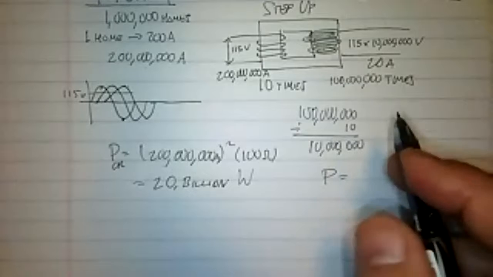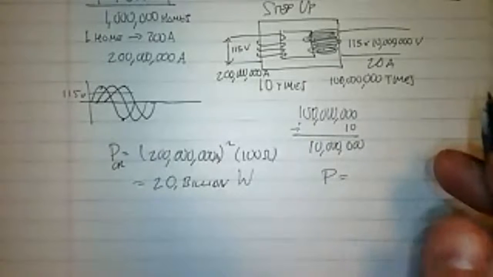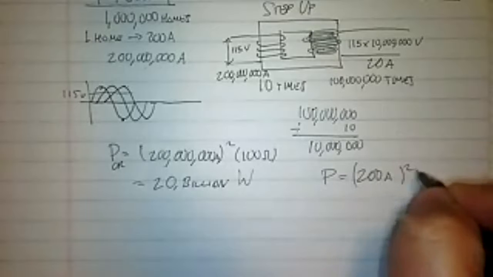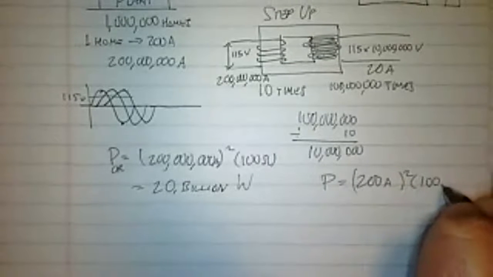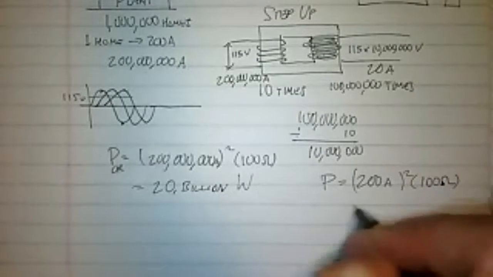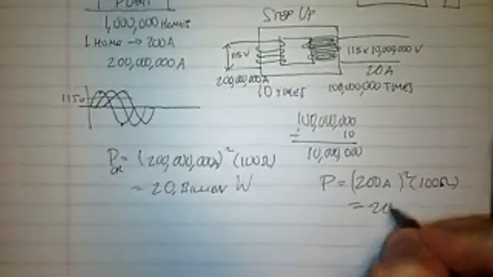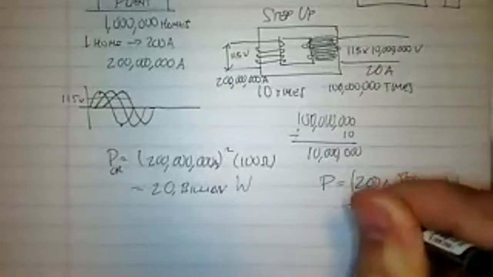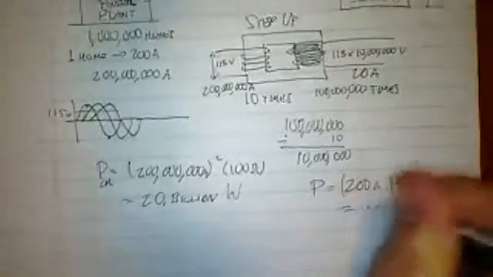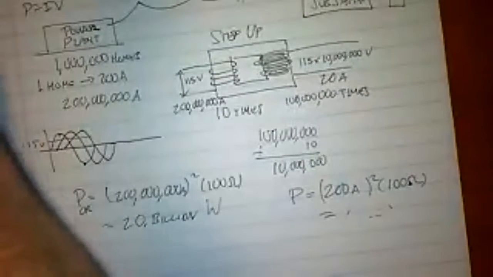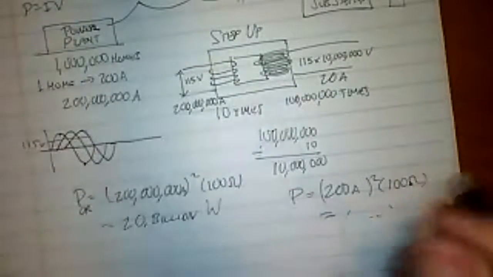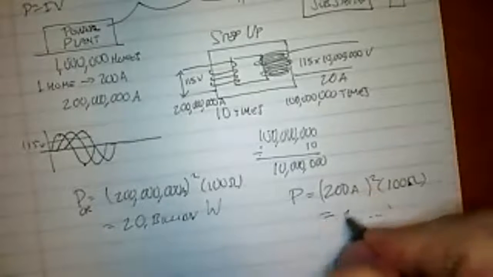Whereas under this new system, we now have a measly current of 200 amps. So now I'm going to do 200 amps squared times 100 ohms. And that's going to give me, of course, 20,000. Oh, excuse me. 400, 200 times 200 is not 200. So 200 squared times 100, and that gives me 4 times 10 to the 6, or 4 million.